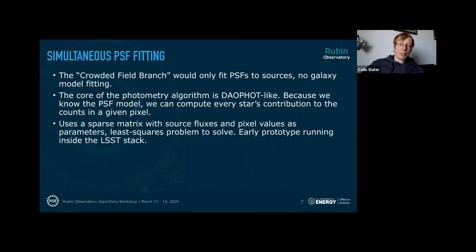So we have a prototype run that uses all of the functionality that the stack has to provide PSFs and WCSs and to do computations on them, and it does solve this simultaneous PSF fitting problem. I'm not saying that the solution is that core prototype.